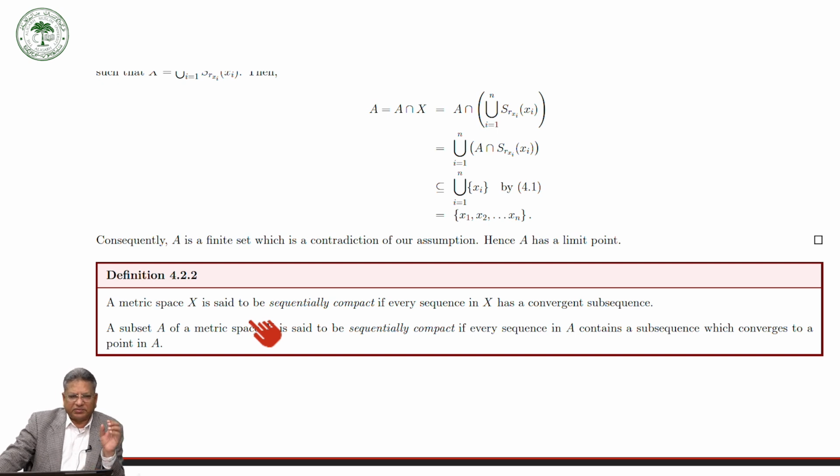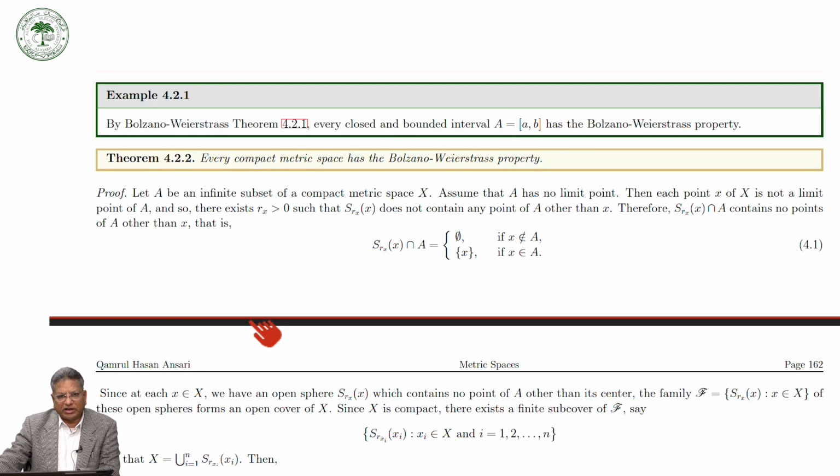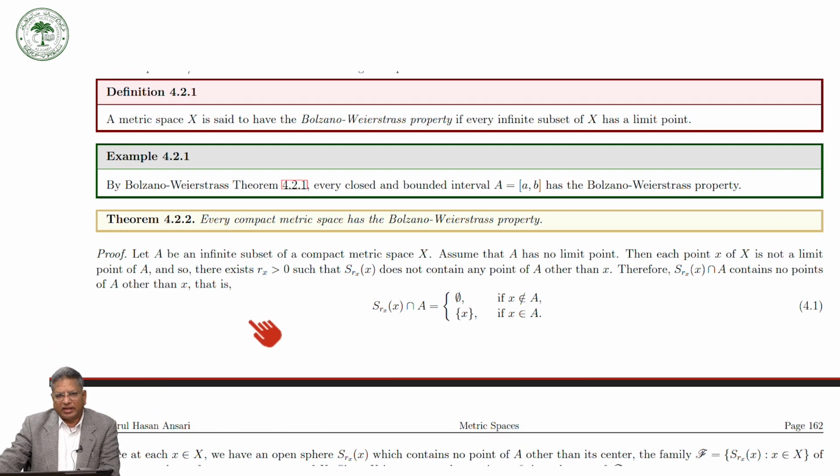Compact set means every open cover of X has a finite subcover, then it is called compact. And sequentially compact means every sequence has a convergent subsequence. And for the Bolzano-Weierstrass property, every infinite subset of X has a limit point.